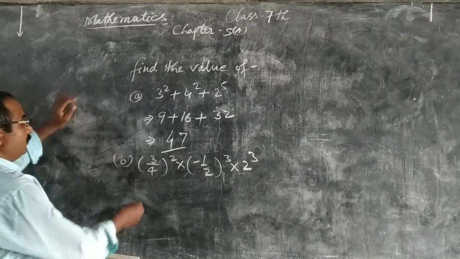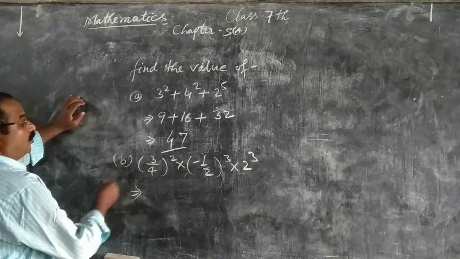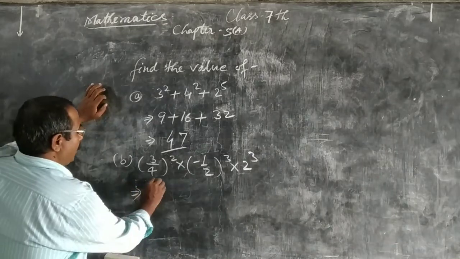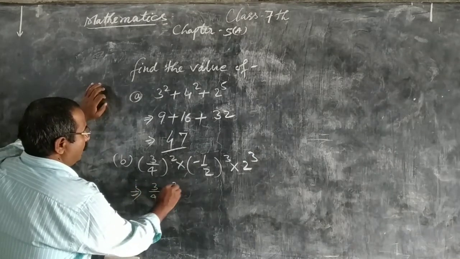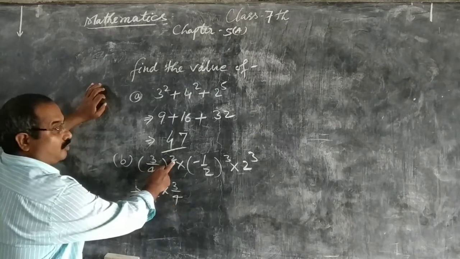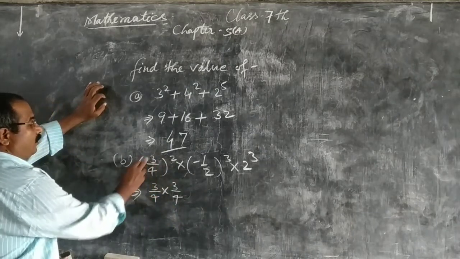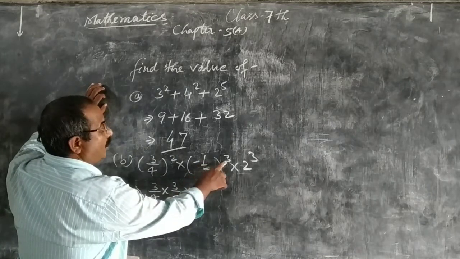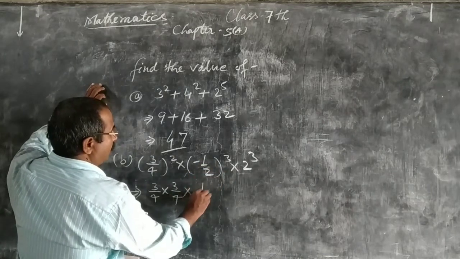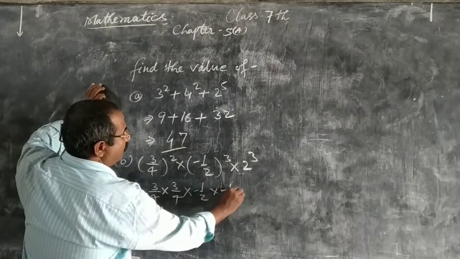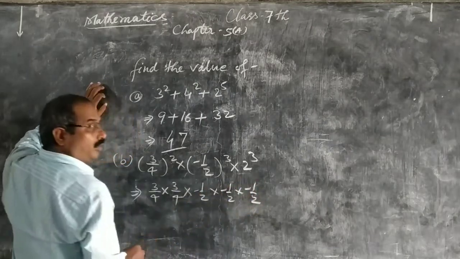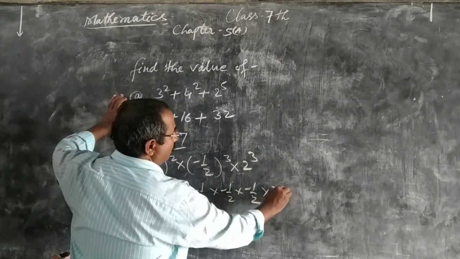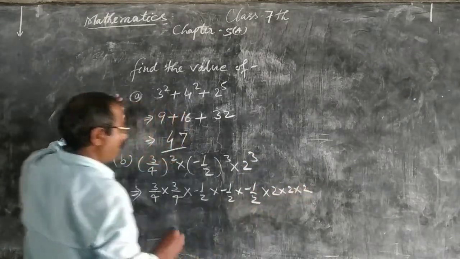In this condition, it will be easy for you to write in expanded form. इसको आप expanded form में लिखें. 3 by 4 into 3 by 4 because it has power 2, so this base will be repeated 2 times. And minus 1 by 2 has power 3, so minus 1 by 2 into minus 1 by 2 into minus 1 by 2, you can write it 3 times. And this 2 has power 3, so 2 into 2 into 2.